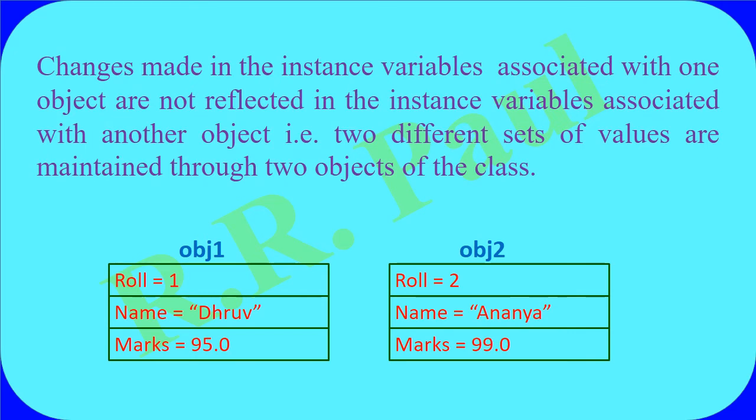Since the values do not get mixed up, the changes made in one object are not reflected in the instance variables of another object. So the two objects can have two different sets of values during the program's execution.